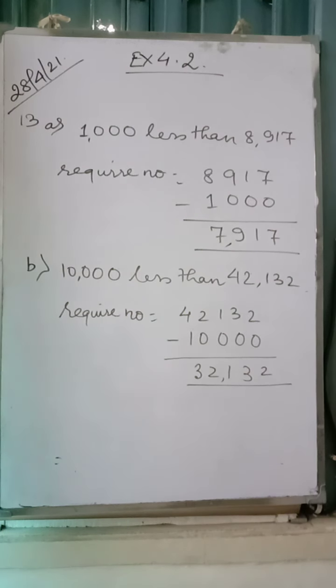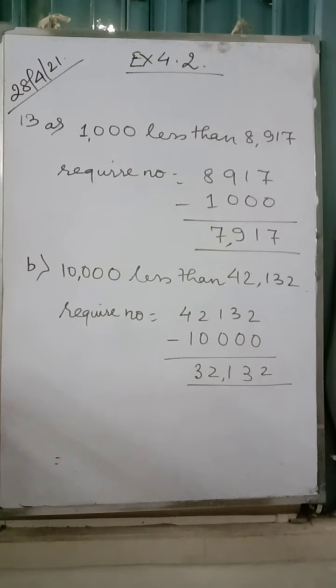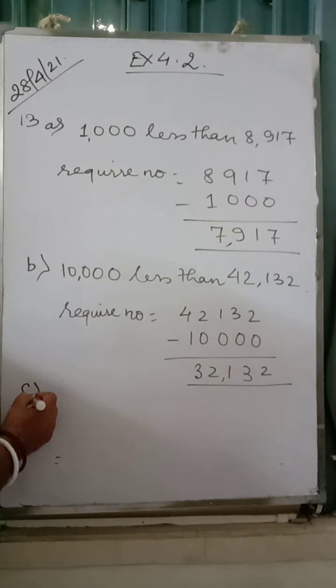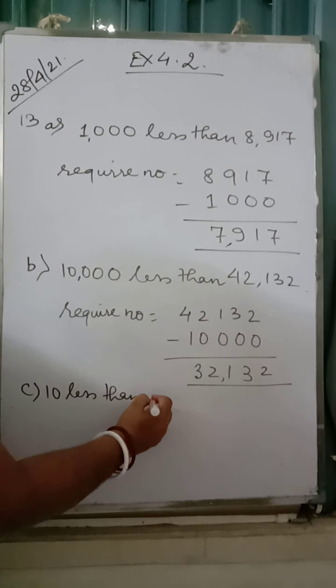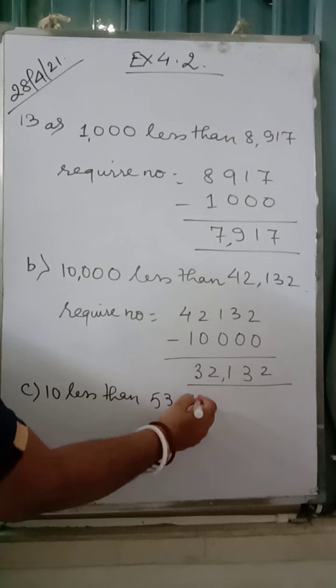Next says 10 less than. So what we have to do? We have to subtract 10. 10 less than 53,647. C is 10 less than 53,647.